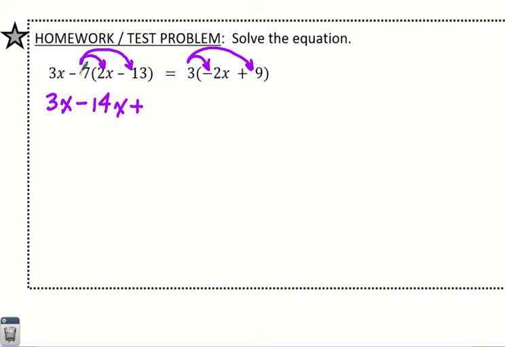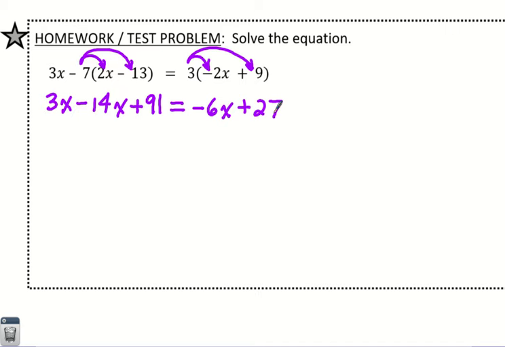But -7 times -13 should be positive 91. And we're also distributing the 3 through the bubble, so 3 times -2x is -6x, and then 3 times positive 9 is positive 27.